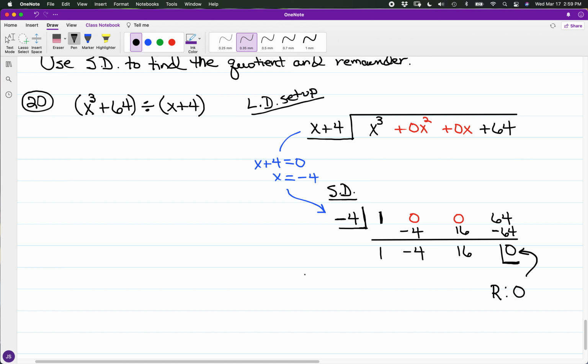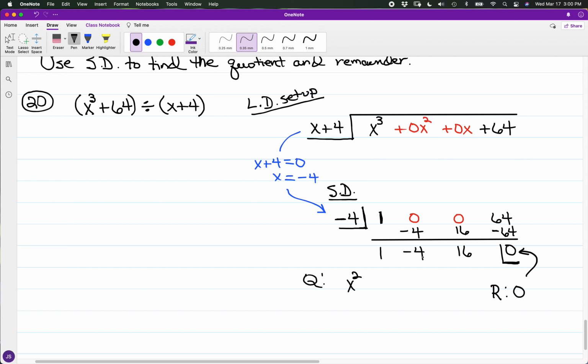Now for the quotient, remember when we were factoring the sum of cubes, like x cubed plus 64, we had x plus 4 times the quotient. As 1 is brought down, that means the degree goes from x to the third to x to the second.